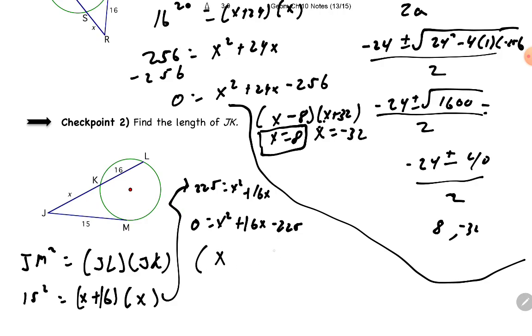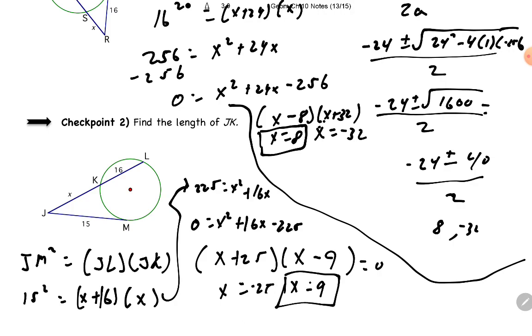This will factor into, let us see, plus 25 and minus 9. So x equals 9, or x equals negative 25. But we're dealing with lengths, so x has to be 9.